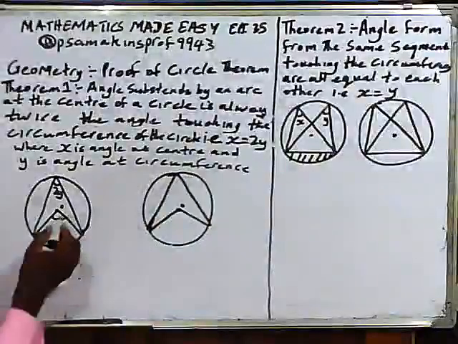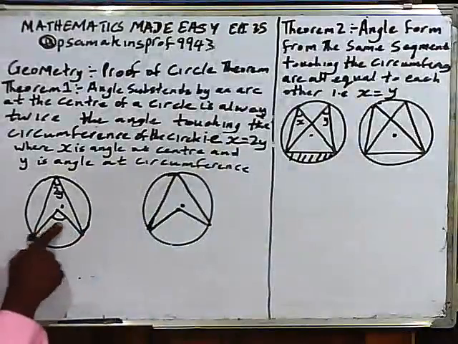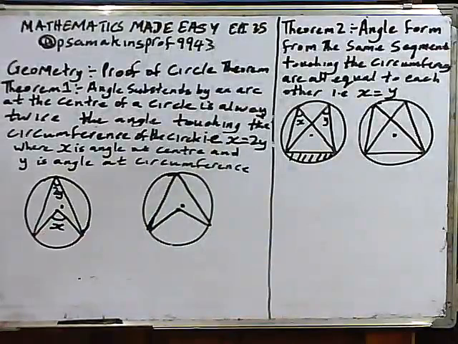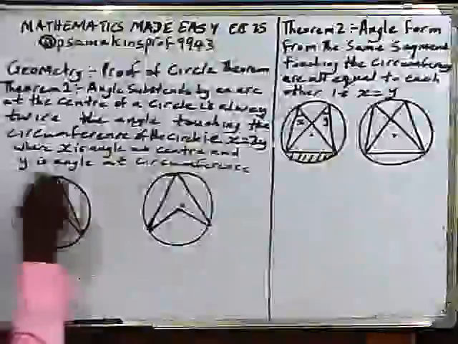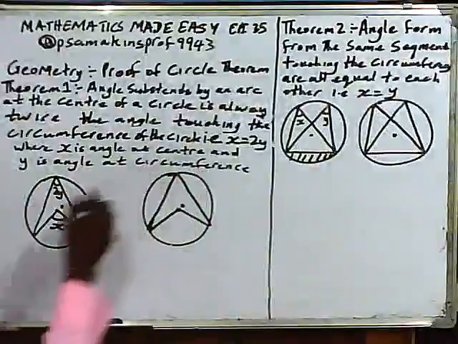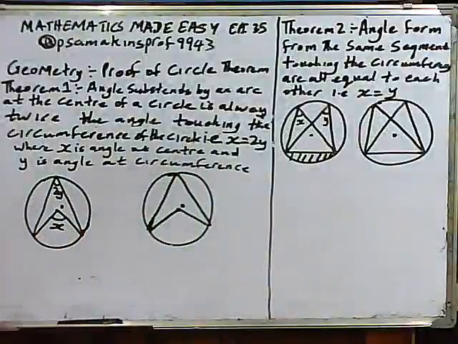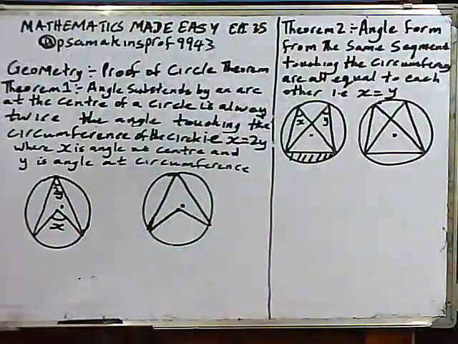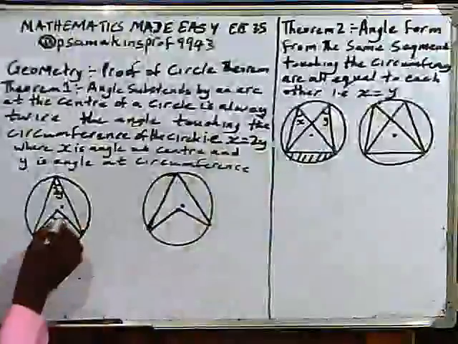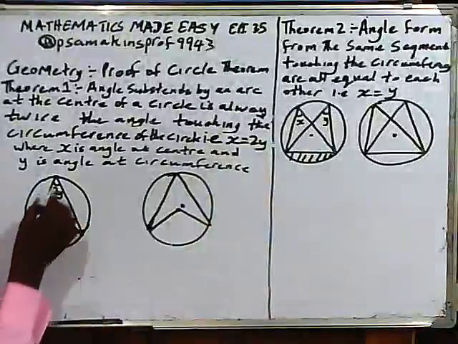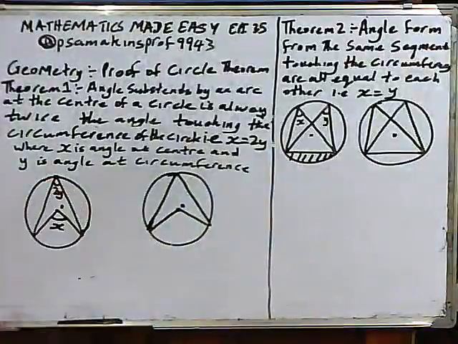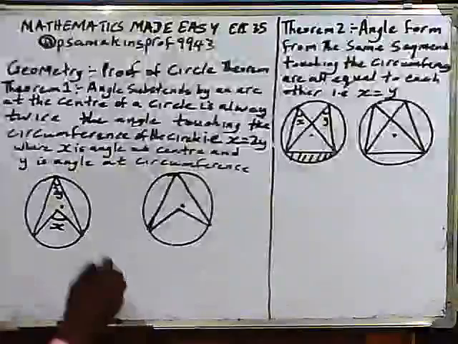That is, if the angle at the center is x, assuming that it is x, and the angle touching the circumference is y, we are saying that the angle at the center is twice the angle at the circumference. How do we now prove this?